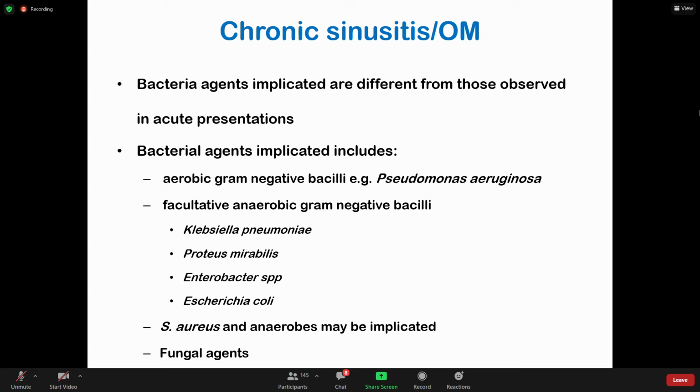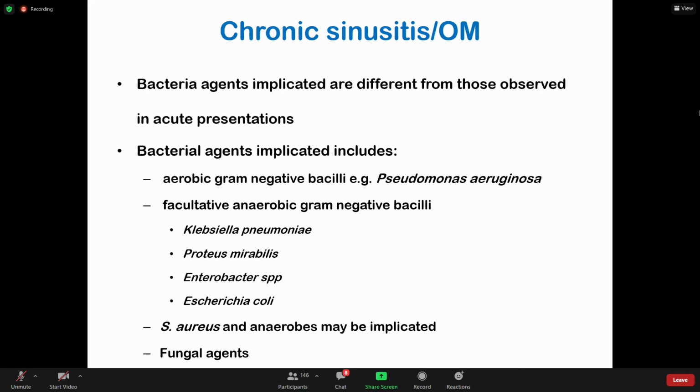And you have members of the Enterobacteriaceae, which are essentially facultative anaerobic gram-negative bacilli. Agents such as Klebsiella pneumoniae, Proteus mirabilis, Enterobacter, and Escherichia coli are important in chronic sinusitis or otitis media.